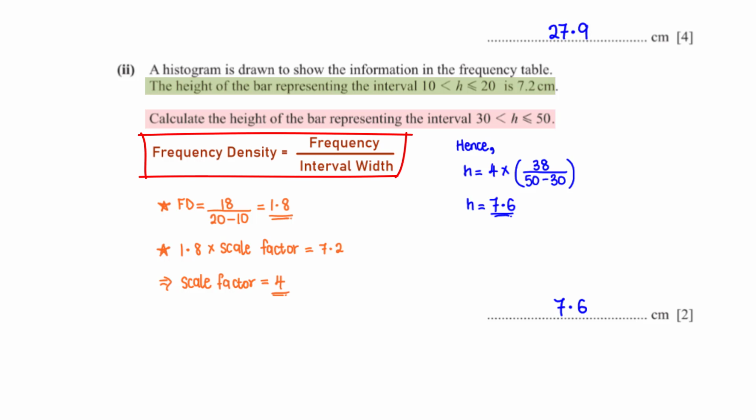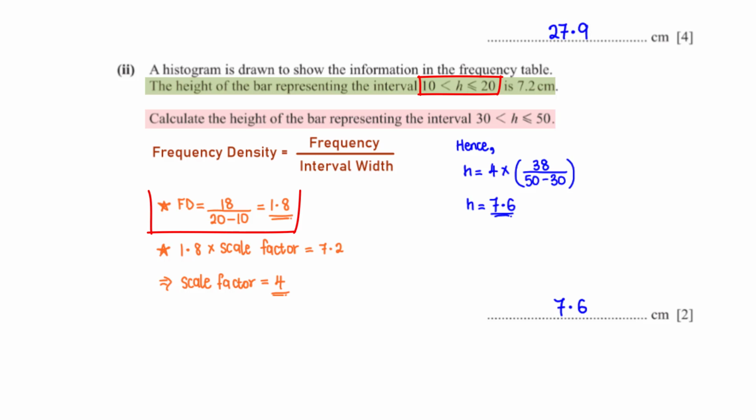The frequency density gives us the height of intervals on the histogram. For the interval h is greater than 10 and less than or equal to 20, the frequency density is equal to the frequency, which has been given as 18 from the previous table, divided by the interval width, which is 20 minus 10. This gives us 1.8.